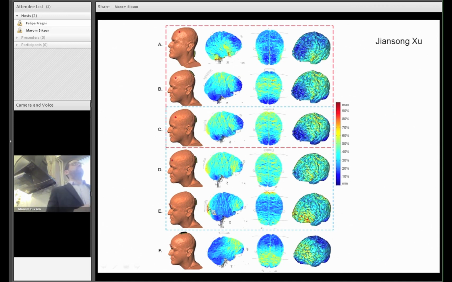of activation. So with tDCS, you always have the anode, the positive terminal of the battery, and the negative terminal of the battery. And usually people will talk about anodal stimulation and cathodal stimulation, but you always have both.